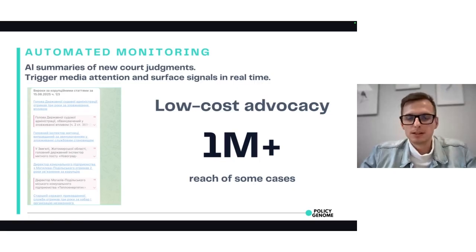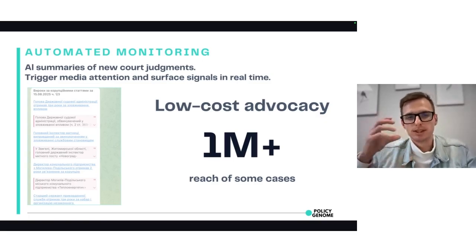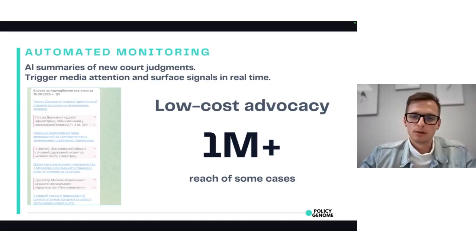The first use case is creating automated monitoring of specific court judgments. We created Telegram channels about the anti-corruption cases and about the adult content cases. Basically the workflow is pretty simple. We take the open data about the new verdicts, we summarize it, and we post it automatically on Telegram. This is a completely automated system. But it changes drastically how legal professionals and journalists can get access to information, because you have so many court decisions and court rulings, and you can't just go and read all of it.